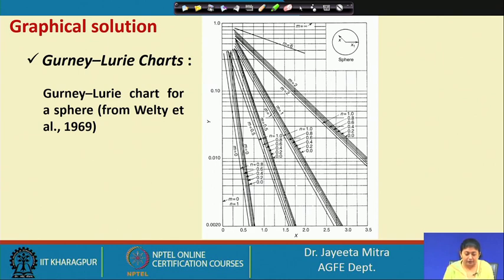Now, the difference of this chart from the earlier two charts is that here we are getting data for a finite dimension for a sphere. However, in the previous two cases, for the infinite slab or infinite cylinder, one dimension is of finite measurement and the others are infinitely long.